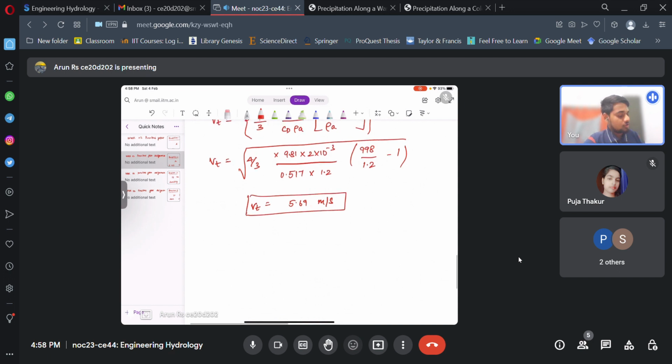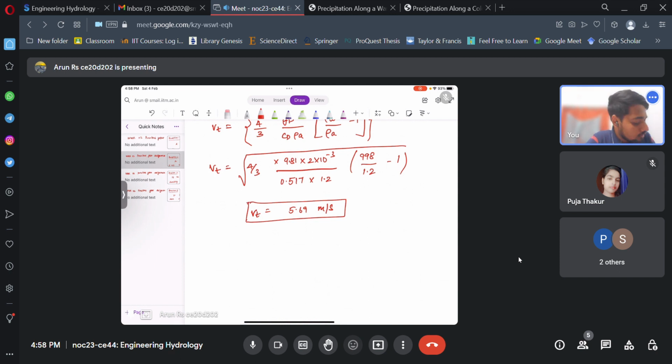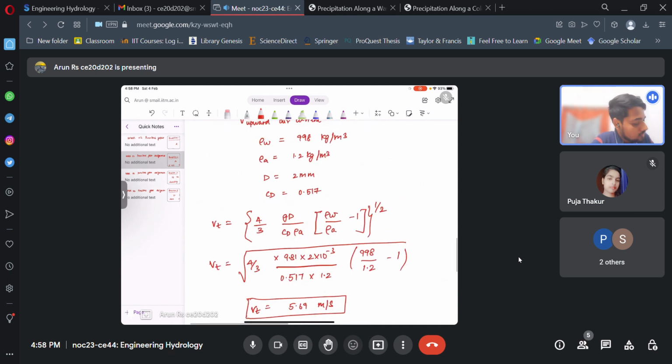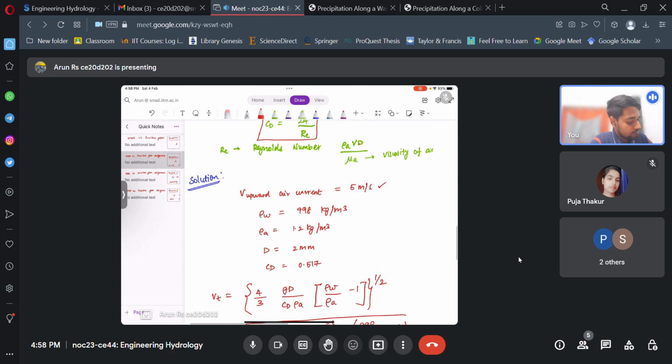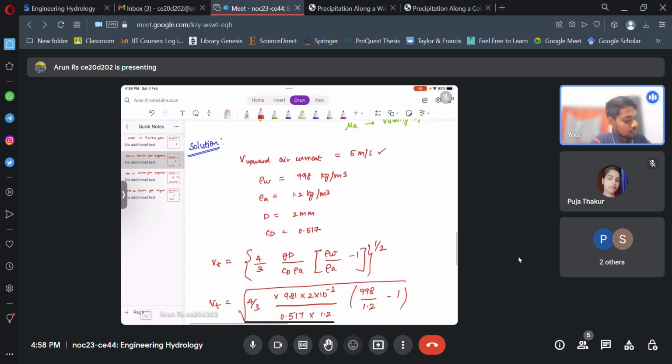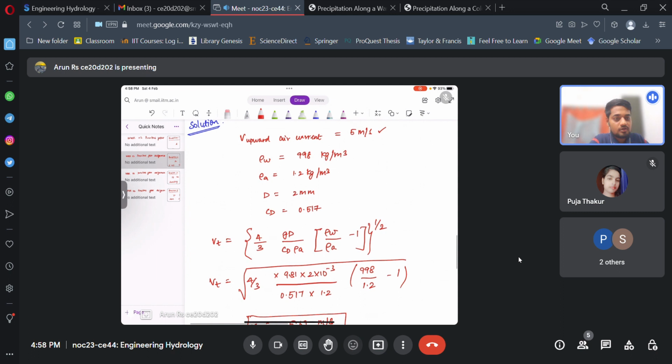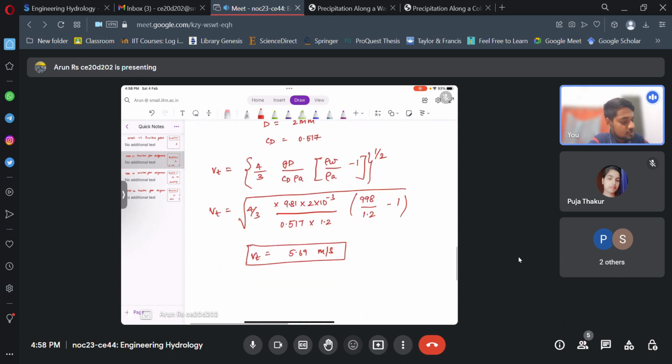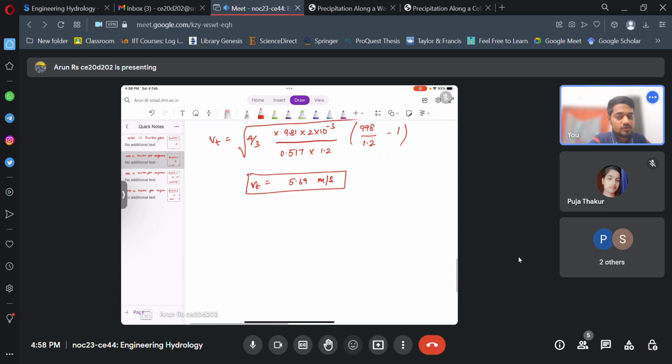Now, how will you determine whether this droplet is falling or rising? That is why they have given this upward air current. If your upward air current velocity is more than your terminal velocity, it means that your droplet is not falling, it is actually rising. So for the droplet to fall, your terminal velocity should be greater than the velocity of the upward air current.